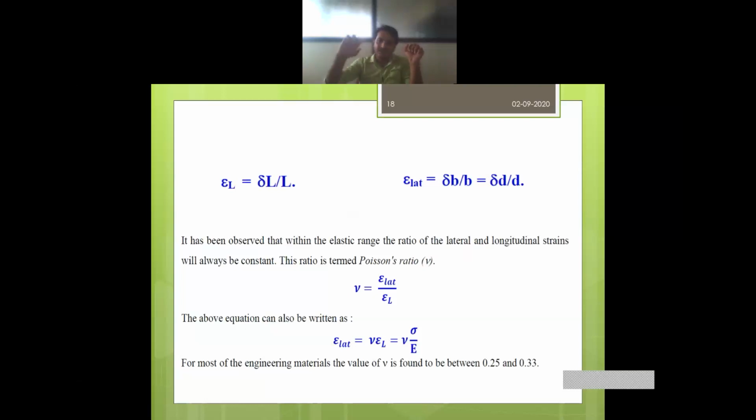According to that condition, change in breadth is also equal to change in depth, so delta B by B and delta D by D are both equal.